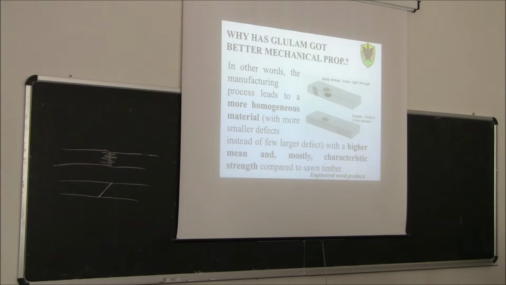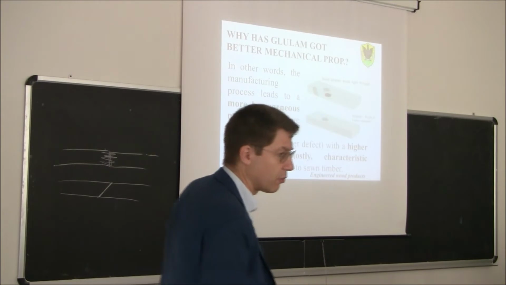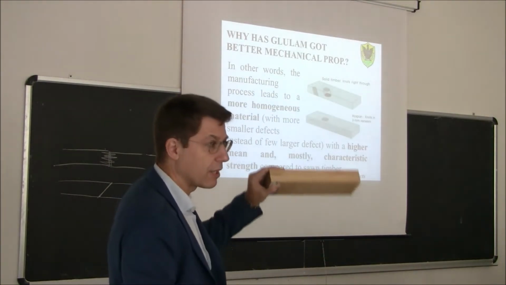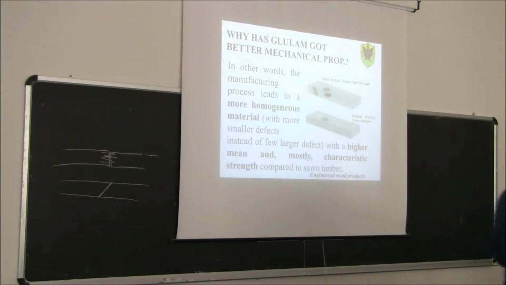So this is the reason to laminate timber, so to produce glulam, and particularly LVL. With LVL, the strength is much higher compared to the strength of the original wood. We can say that with LVL, we get a product that is as strong as the clear material.